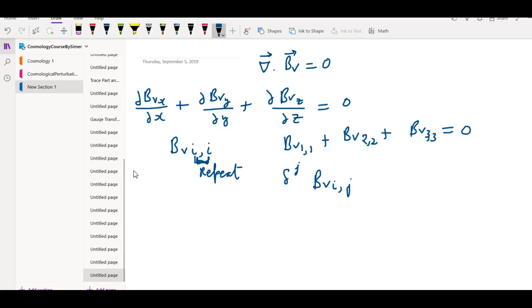We will contract both i's and j's, and this will become this. This is equal to 0. So the constraint del dot B_V equal to 0 becomes this in index notation.